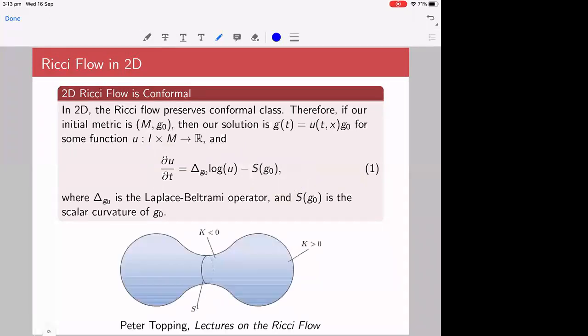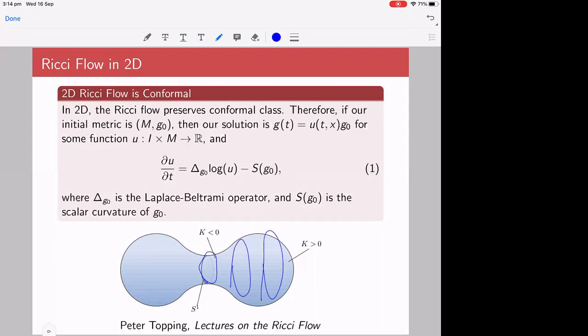But before we move on perhaps to higher dimensional Ricci flow, maybe a picture is in order here. This picture was taken from Peter Topping's notes on the Ricci flow. Topologically, this manifold is just the two-sphere. You can see it's got sort of S1 fibers here.